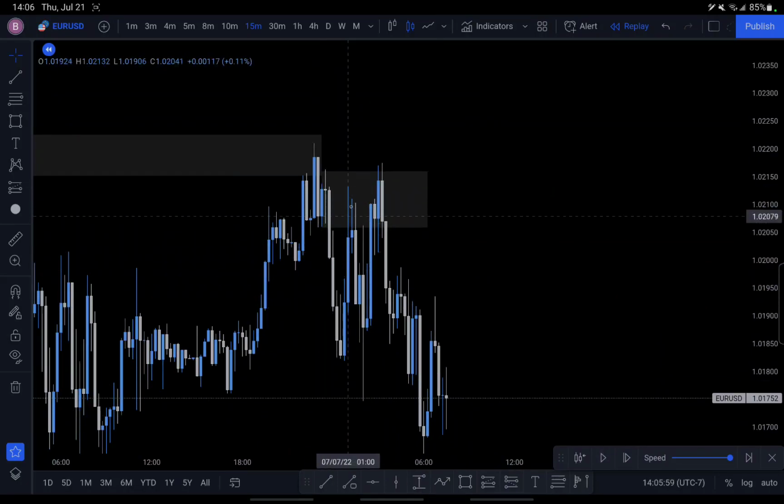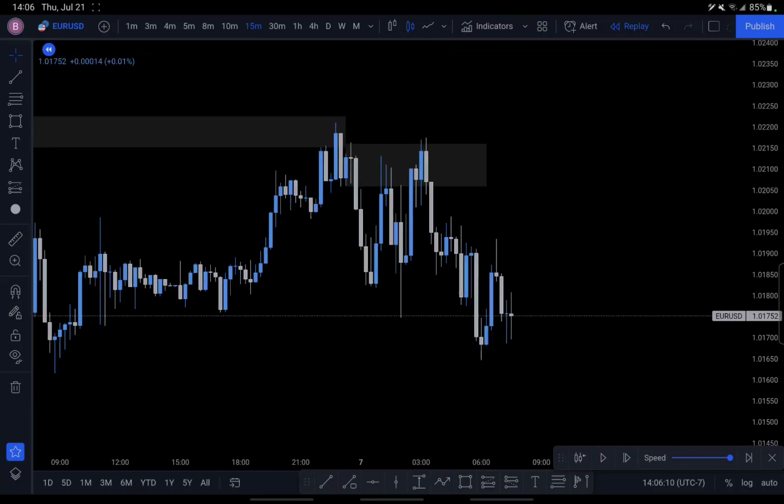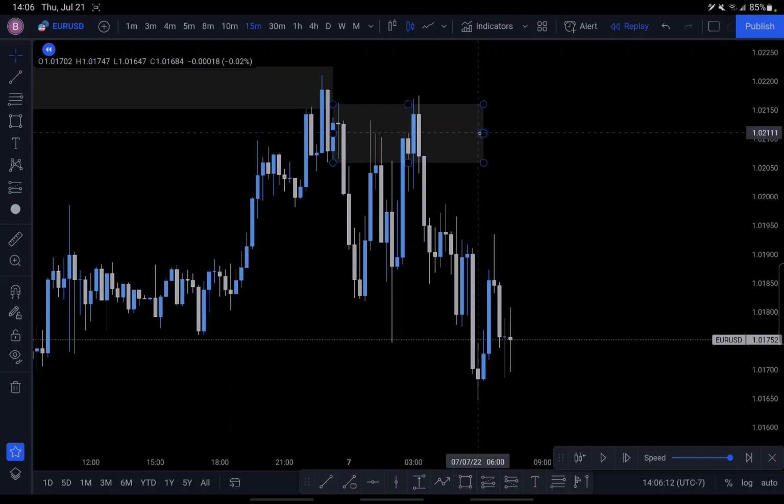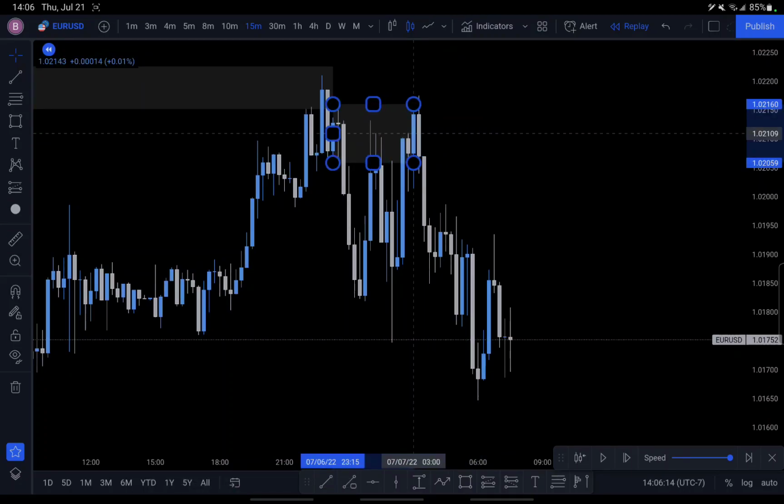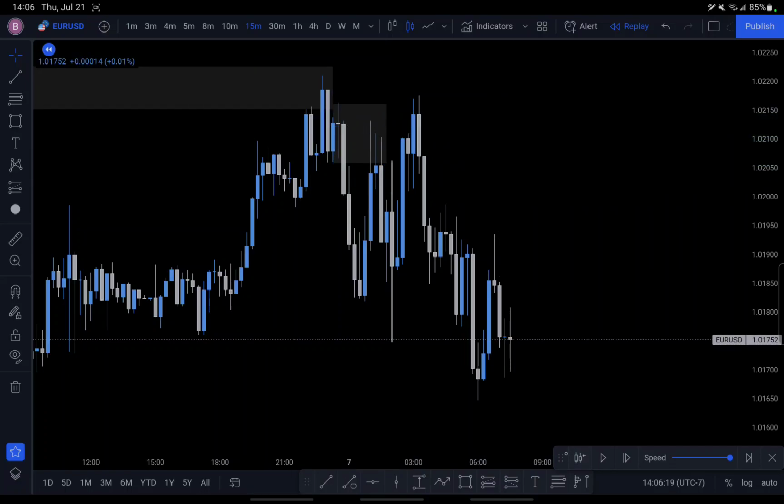Okay, price traded into it and then out of it, and then testing this supply zone here. Okay, so let's go back in here. Let me move this to about here. So that's where we're at.